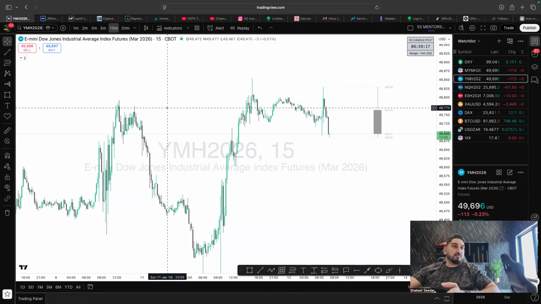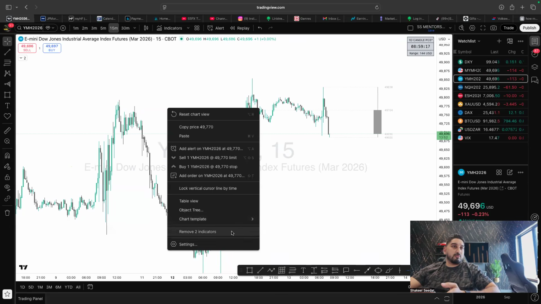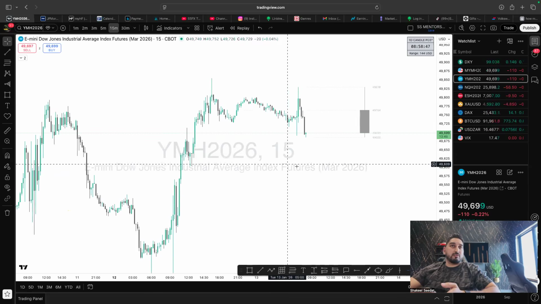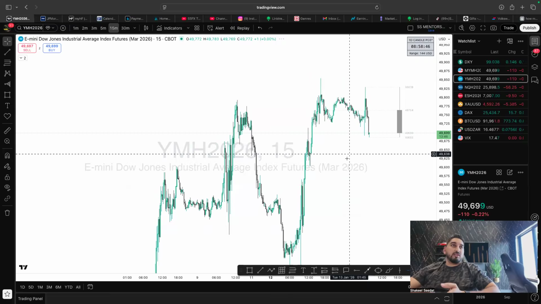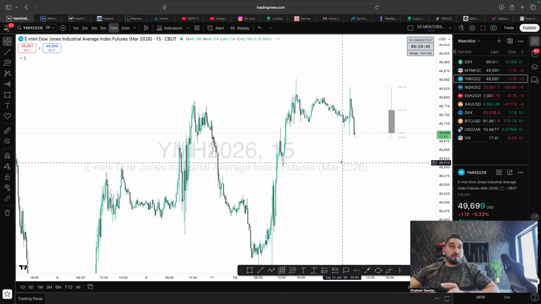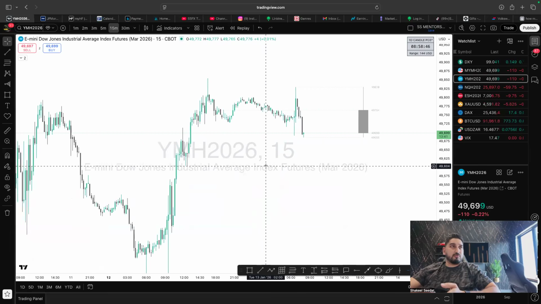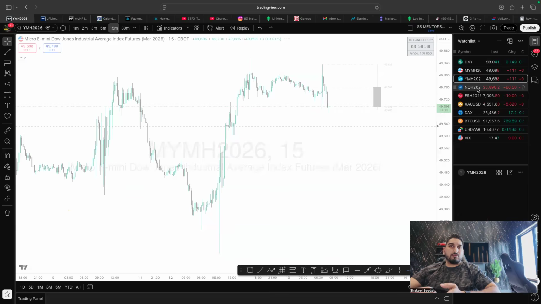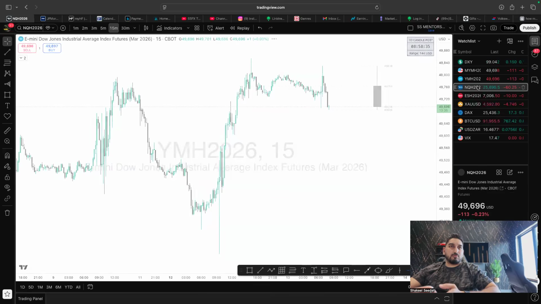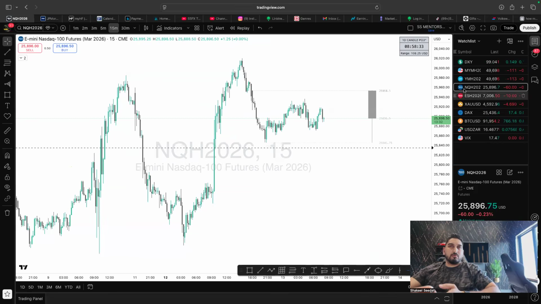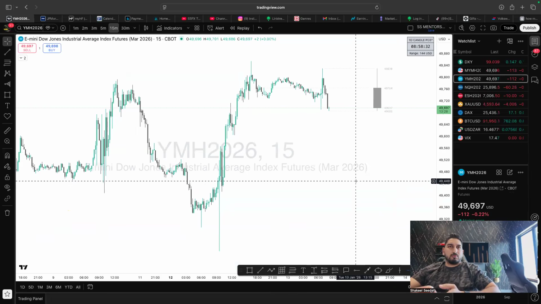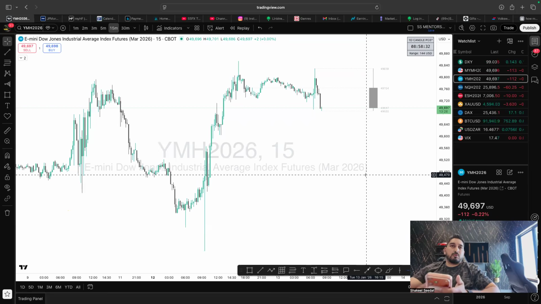TradingView is like broken at the moment because all my analysis seems to have gone. What the heck is going on? That's weird.